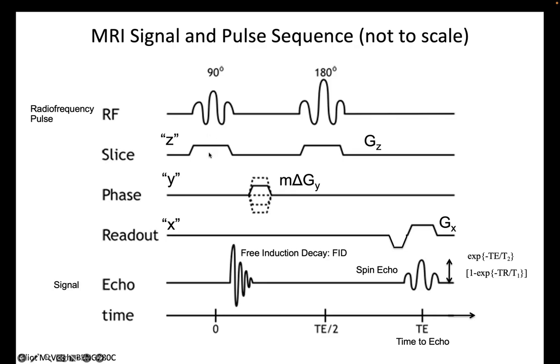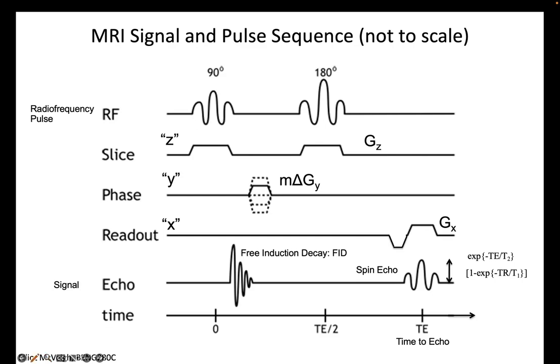What that does is, at a specific Z value, you will be on resonance, and those magnetization vectors in that plane will see this as a resonant pulse. The ones at higher Z values will not be at the right frequency. Their resonant frequency will be too high. And the ones at the lower Z values, their frequency will be too low. And so they won't get affected by this pulse either.